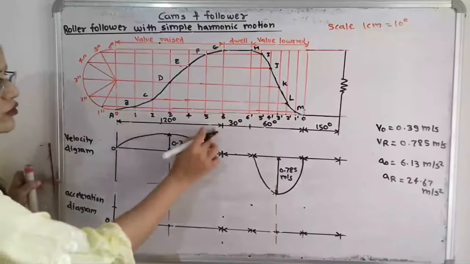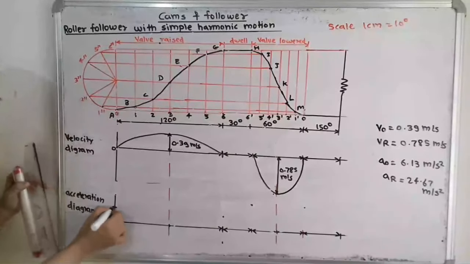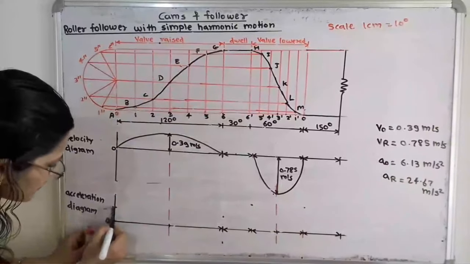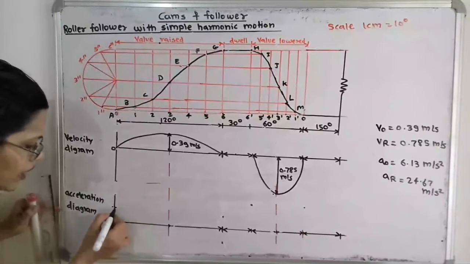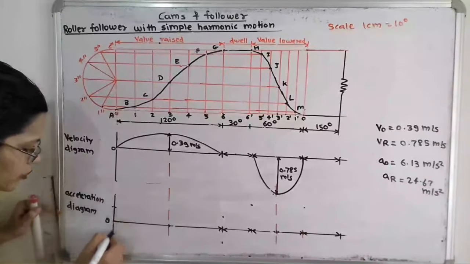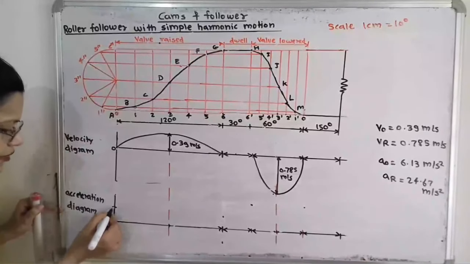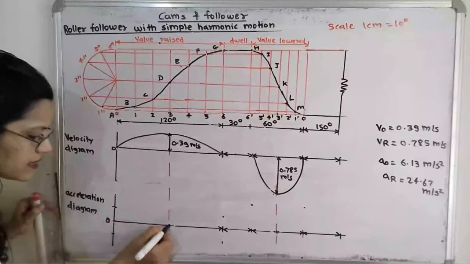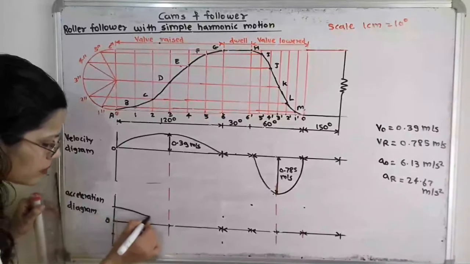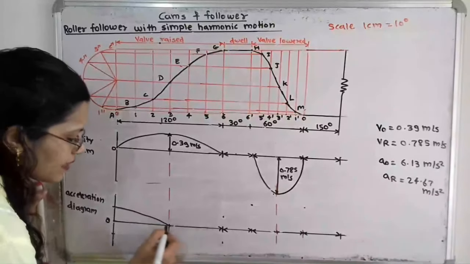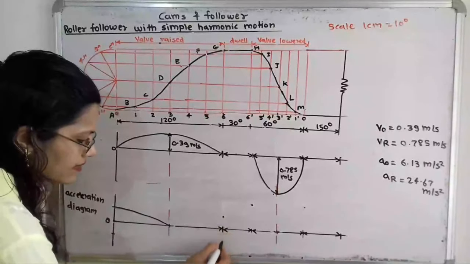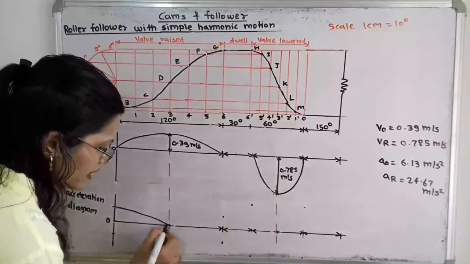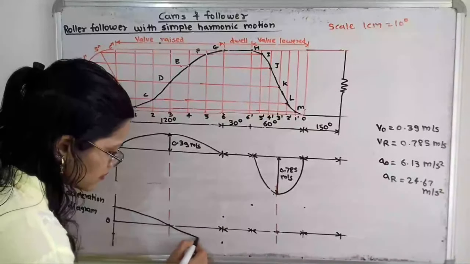During outstroke, take some suitable scale. I have taken 1:half, so 6.13 becomes 3.06. Mark on both sides of this middle line O. Now at the starting point it is maximum value, and at the midpoint it is 0. So I will draw the curve here. Then in the same way, at the end there is the maximum value, so I will complete this curve.